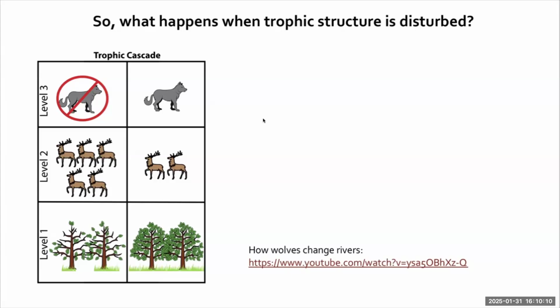And the removal or extirpation of wolves from Yellowstone, and then the subsequent reintroduction of wolves into Yellowstone is a fascinating example of how the removal of a top predator can affect populations at every level of that food chain, and in fact can also impact physical structures in the landscape as well. So you'll have an opportunity to watch that video and comment a bit more about it.